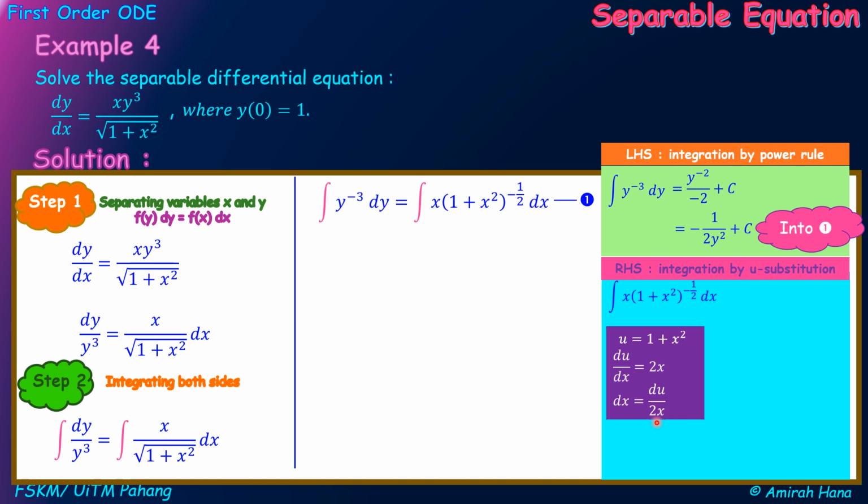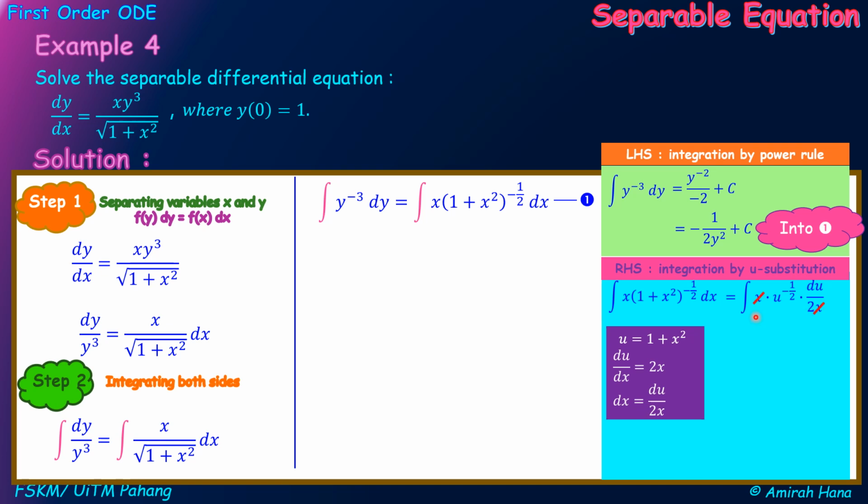Now we want to integrate x times (1 plus x squared) bracket to the power of negative half dx. So we rewrite in terms of variables u and du. From here we have x, times, we replace 1 plus x squared with u, to the power of negative half, and then we replace dx with du over 2x, right?